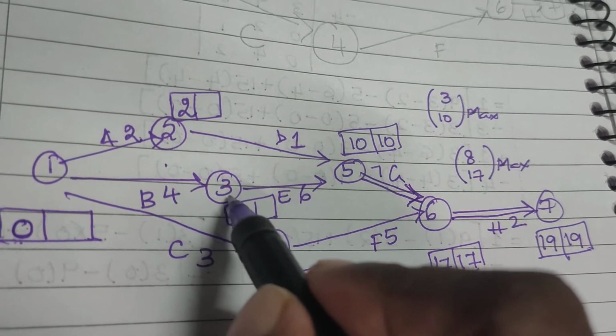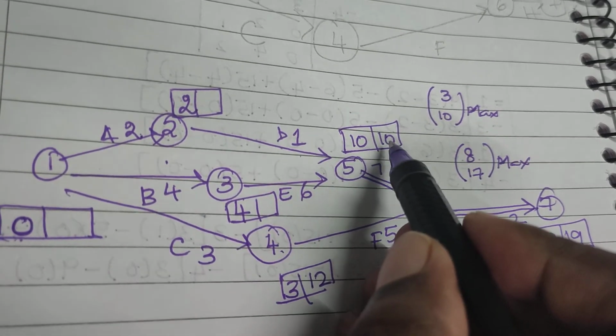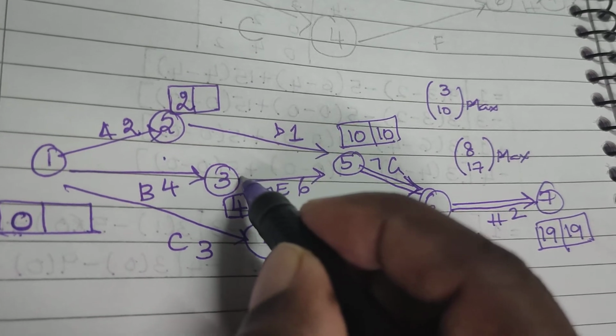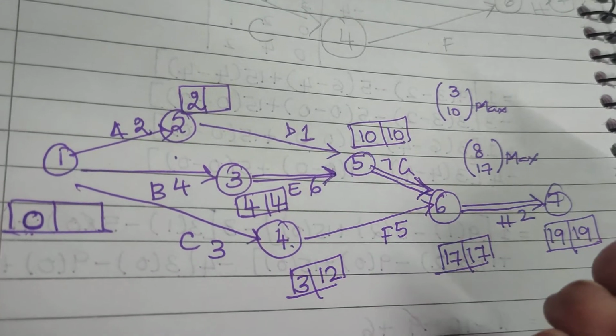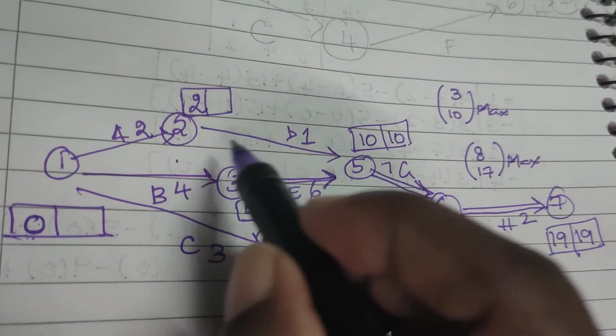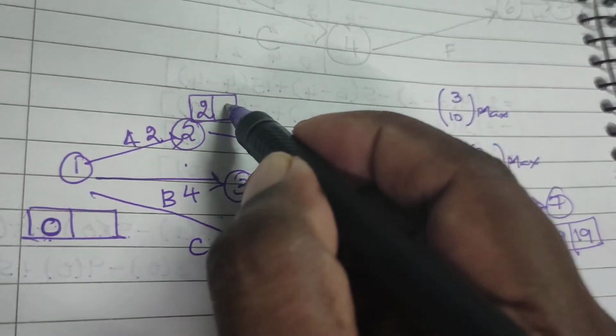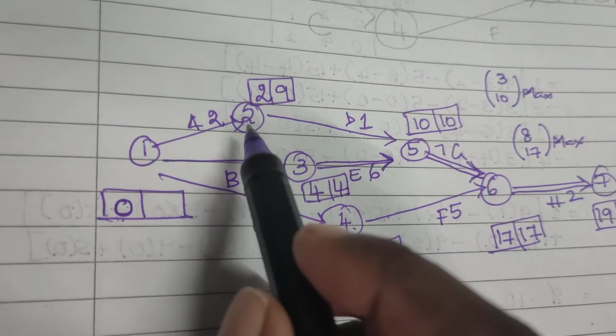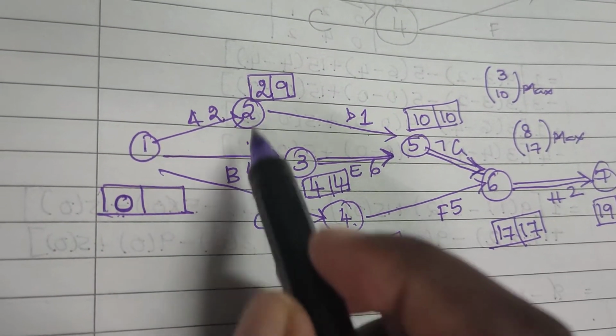We go to 3. 3, you have simply 10 minus 6 is 4. 10, 10, 4, 4. I draw my line. 2, again line coming from here. 10 minus 1 is 9. Not a critical path.